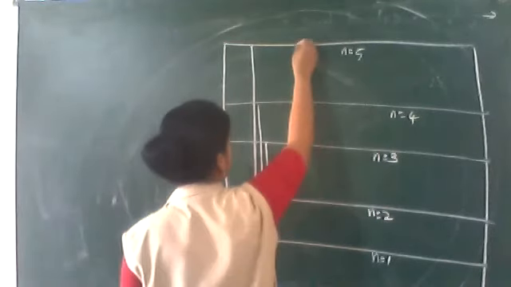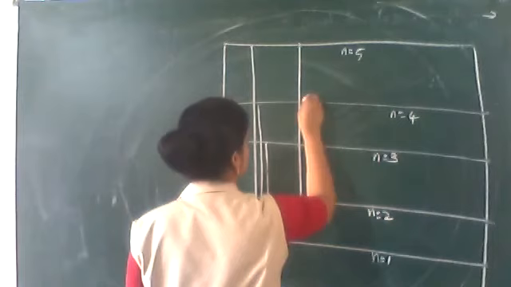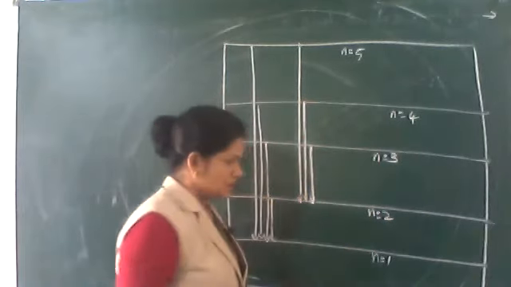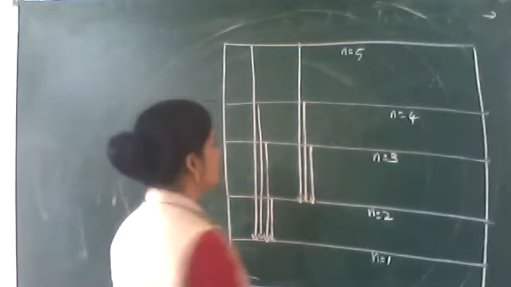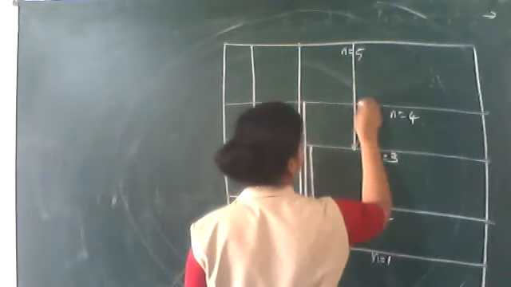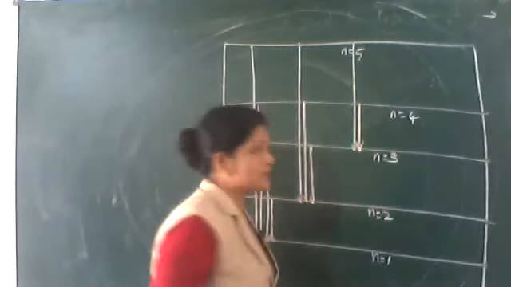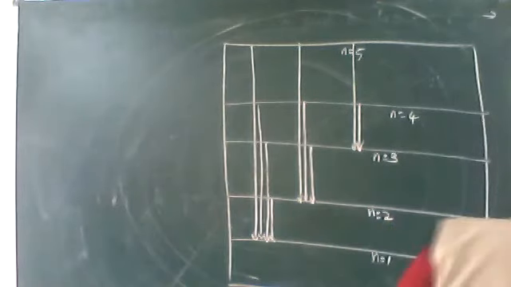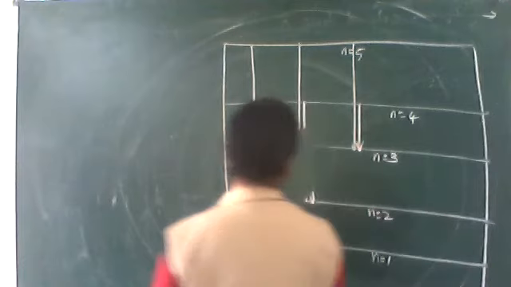From higher orbit to N is equal to 2, Balmer series. From higher orbit to N is equal to 3, Paschen series, Brackett series, Pfund series. All right, so this is the photograph we have obtained.